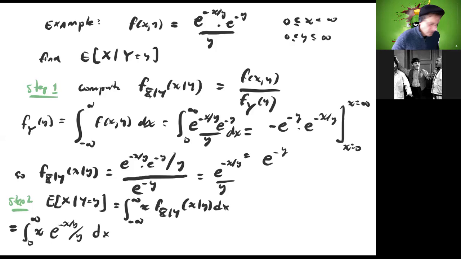And again, this is fairly easy to integrate. This is going to be given by minus x e to the minus x over y, because the x derivative is precisely the integrand, going from x equals 0 to x equals infinity.